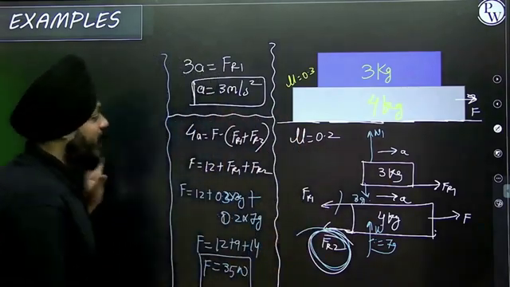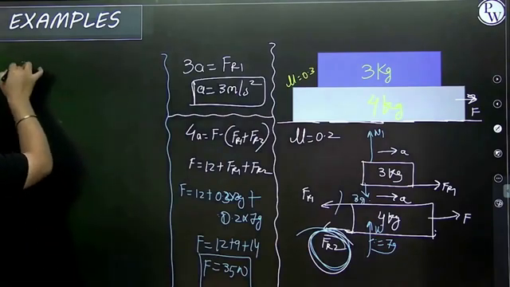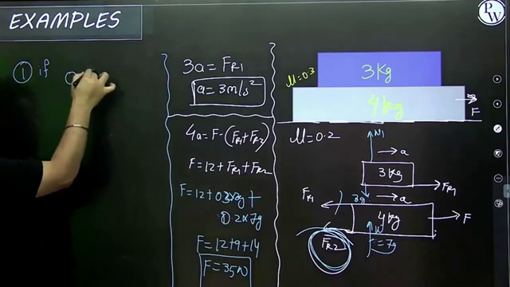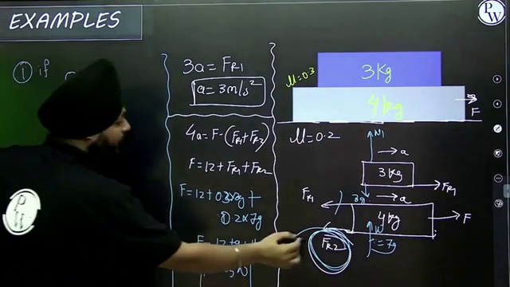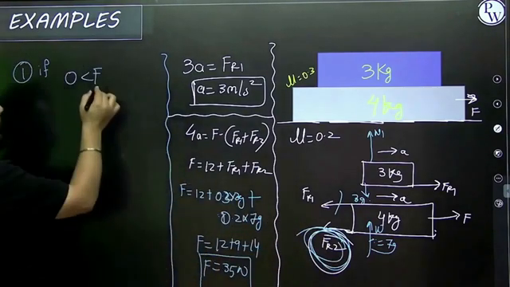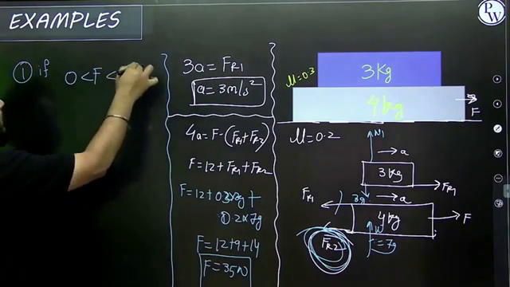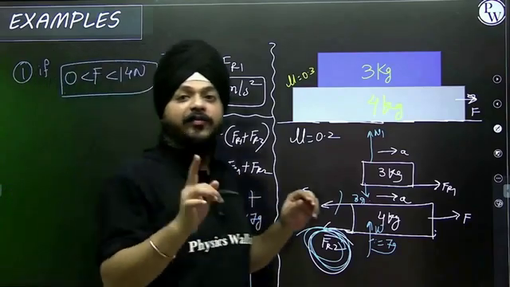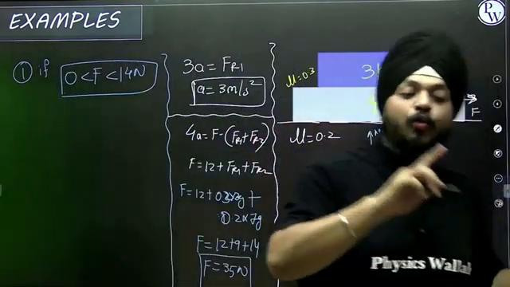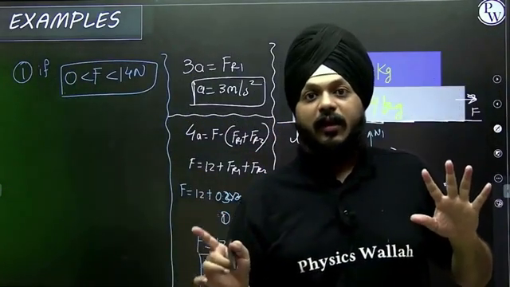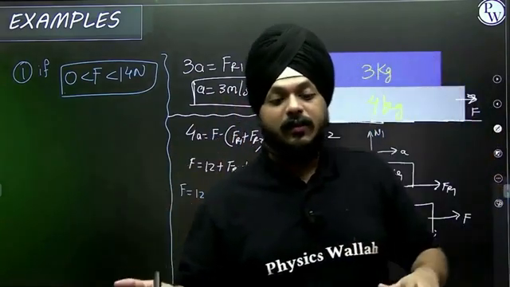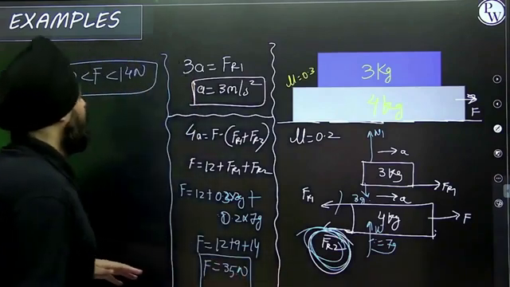Now let's understand this final stuff first. If F is greater than 0, what is the value of FR2? That is 14 Newton. If F applied is between 0 and 14, what will happen?